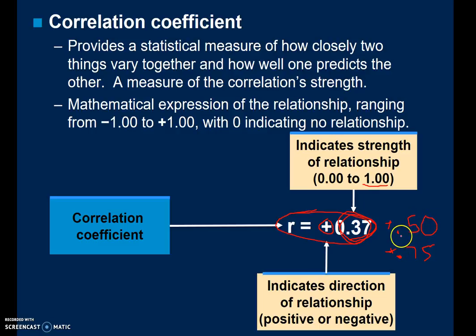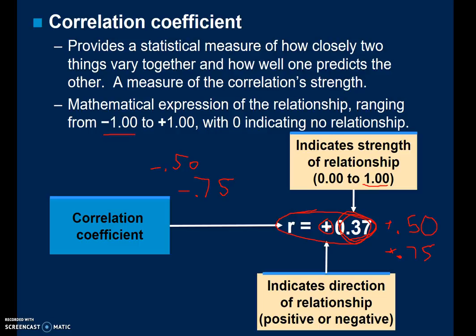The same thing would hold true for negative values. It can go all the way to negative 1 as well. So a negative 0.50 would be a moderate negative correlation. Negative 0.75 would be a strong negative correlation. So the sign doesn't have anything to do with the strength of the correlation.